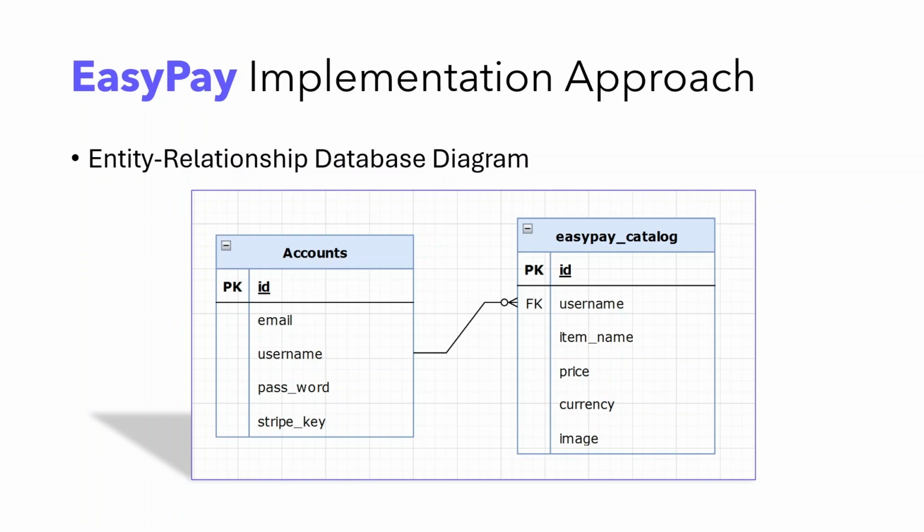There's a foreign key username, which is tied to the accounts table, and each item in the catalog has different descriptions of what the item is supposed to be able to instantiate a checkout page with, such as item name, price, currency, and an image.